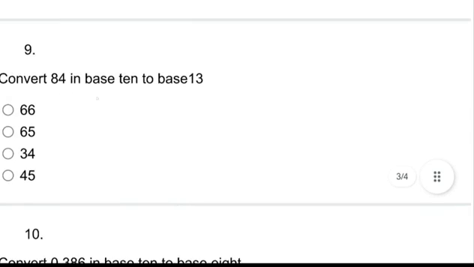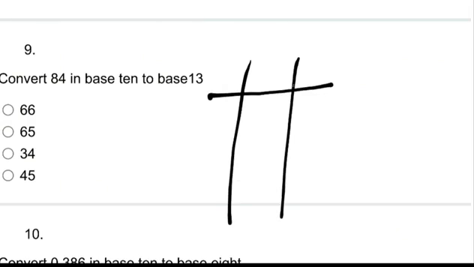Convert this in base 10 to base 13. The same way, we have 84 in base 10, we want to convert to base 13. So we have 84 divided by 13.